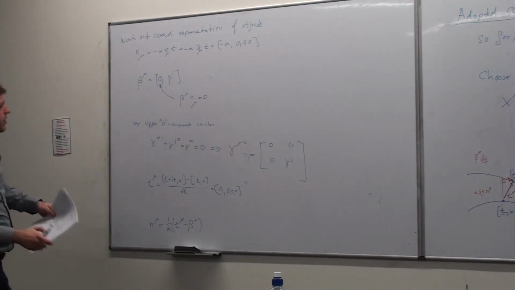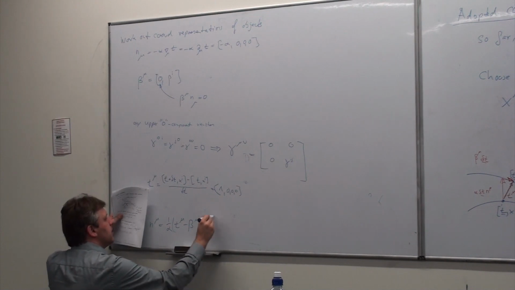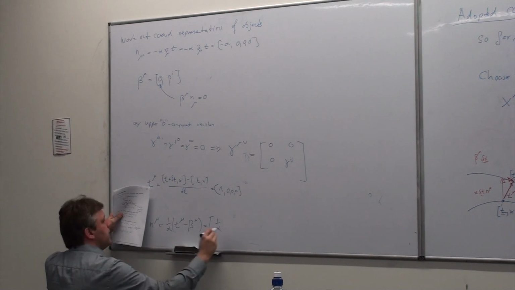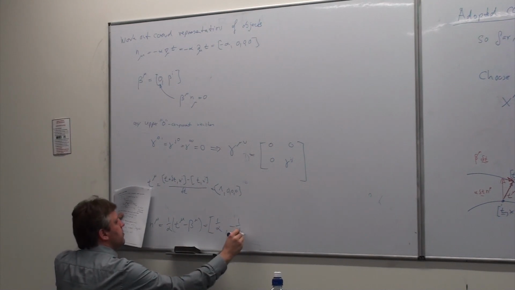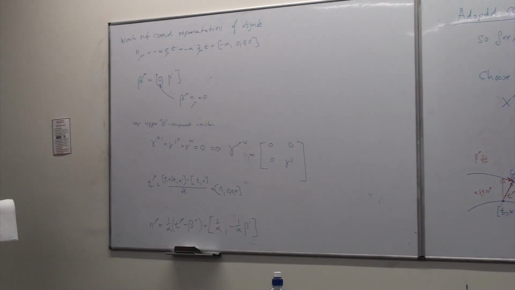And now we can plug in our other two components here, and we find that it has a 1 over alpha and a minus 1 over alpha beta I. So we are slowly building up a dictionary of the components of the various objects in this particular coordinate system.